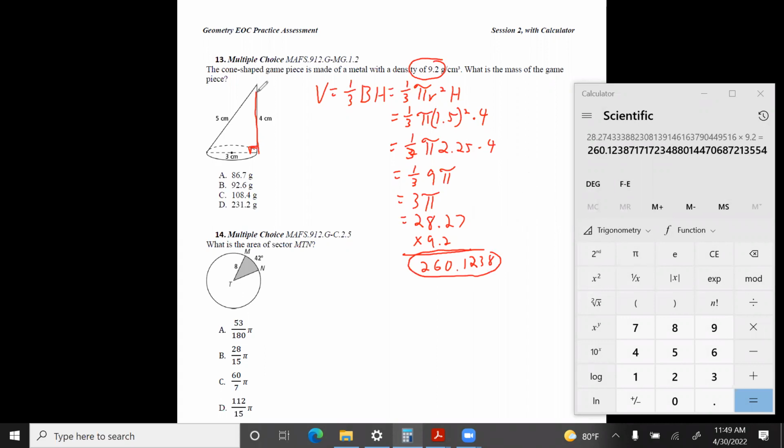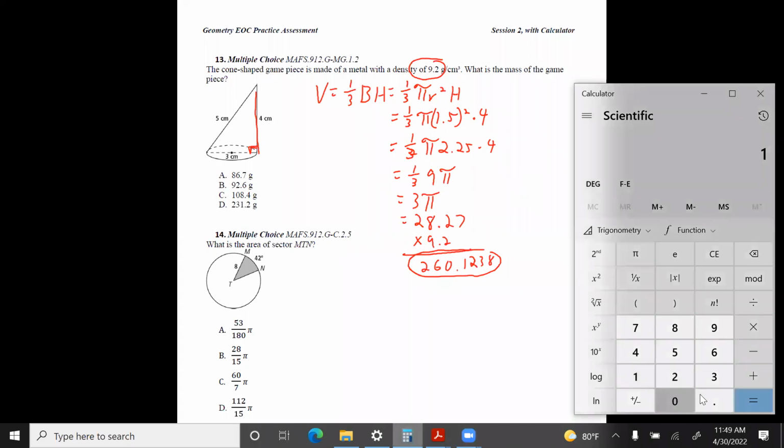We could have plugged in earlier. So let's go back to the earlier spot that had values and plug in those numbers and see what we get. So 1.5, we'll start with that since that value was squared. Square it, times that by 4, divided by 3.